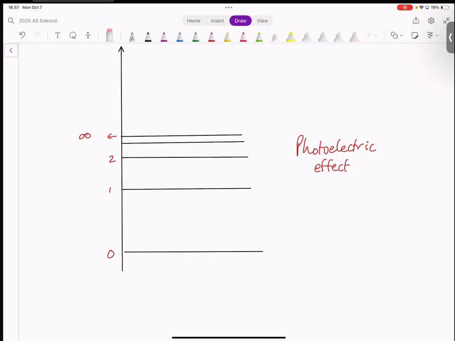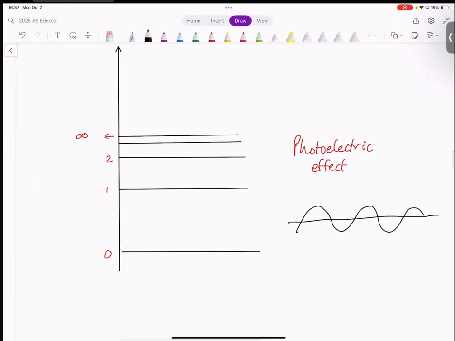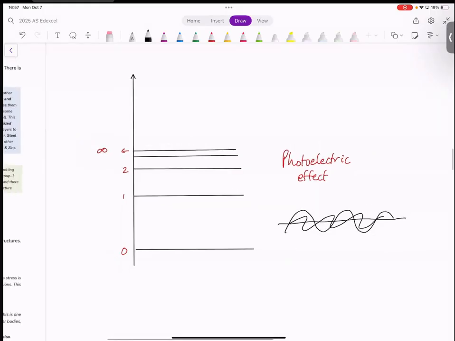Proving this, and this proved that energy, when it's being streamed to us, like this light that's falling on you, it's not coming in a constant stream. We know it's a wave, right? You know that light has electromagnetic waves, electric and magnetic components. But these waves are not a constant stream of energy. It's more like they're shooting packets of energy at us, discrete packets of energy.